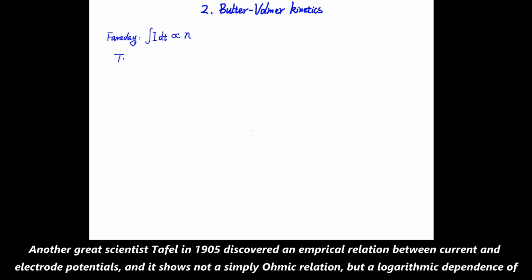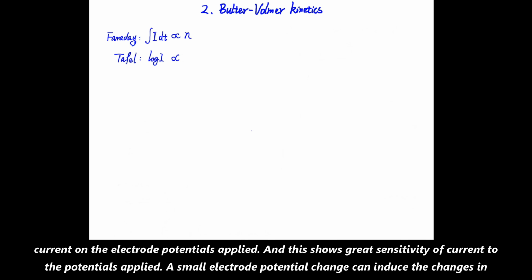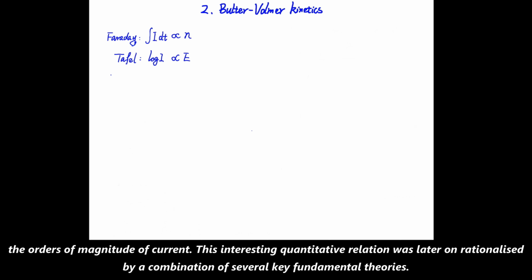Another great scientist, Tafel, in 1905, discovered an empirical relation between current and electrode potential, and it shows not a simple ohmic relation, but a logarithmic dependence of current on the electrode potential applied. And this shows the great sensitivity of current to the potential applied. A small electrode potential change can induce changes in the order of magnitude of current.